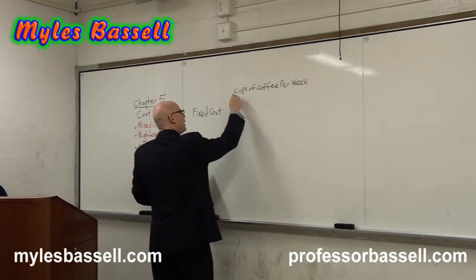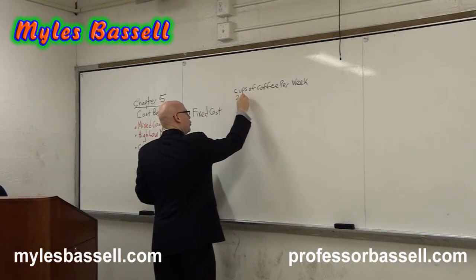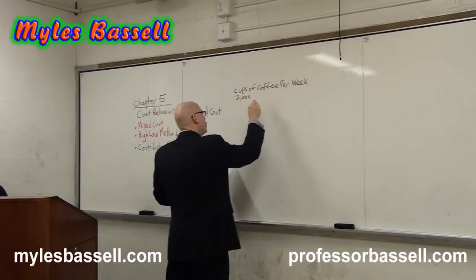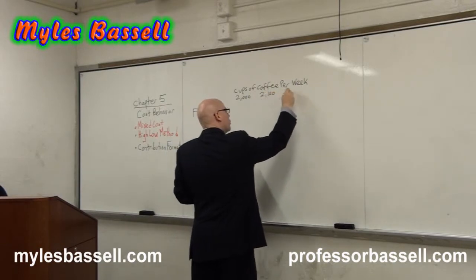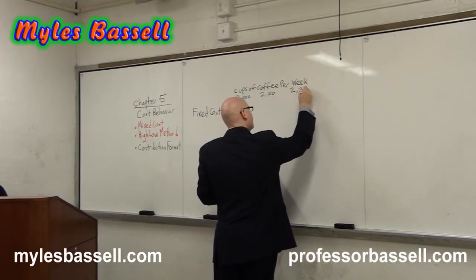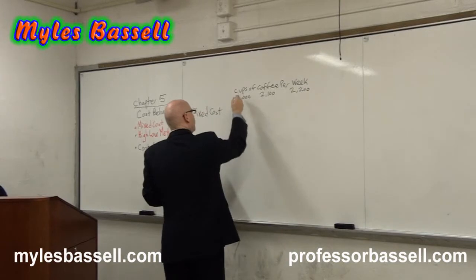Now remember when we were talking about that sensitivity analysis? Look what we're going to look at here. 2,000 cups, 2,100 cups, 2,200 cups. That's the cups of coffee per week.